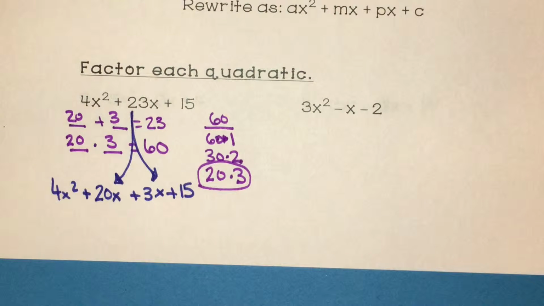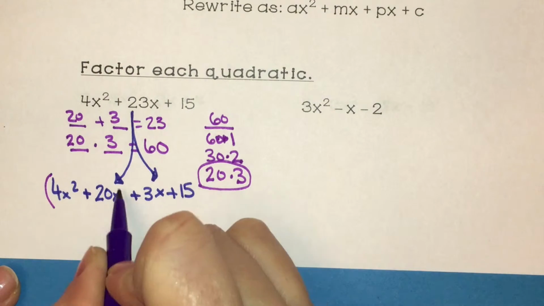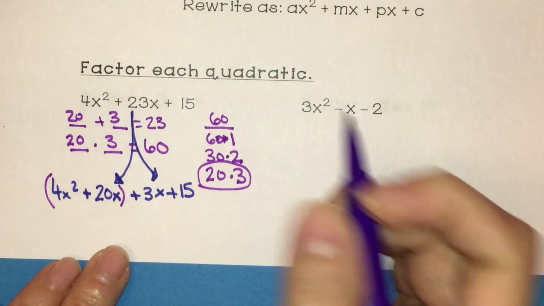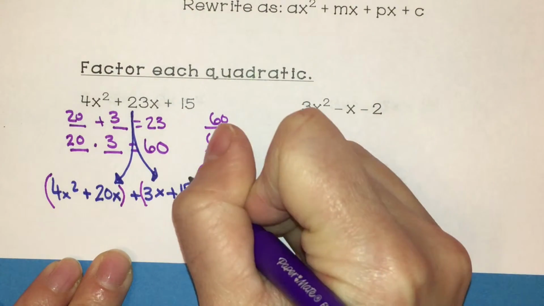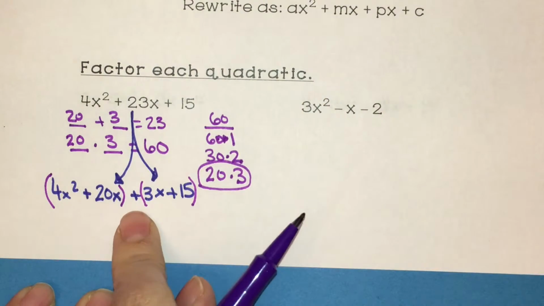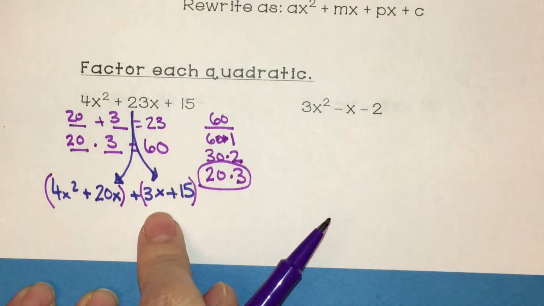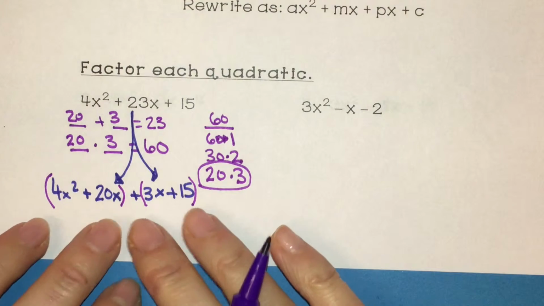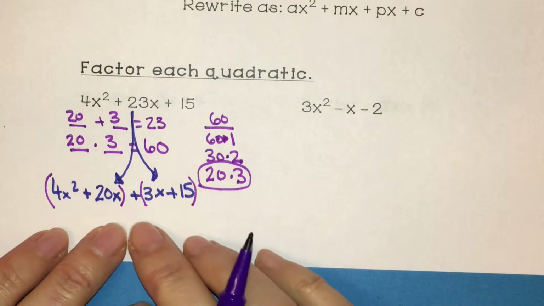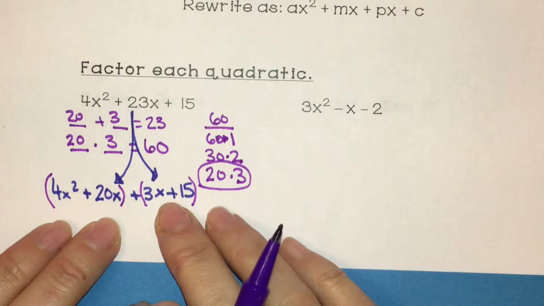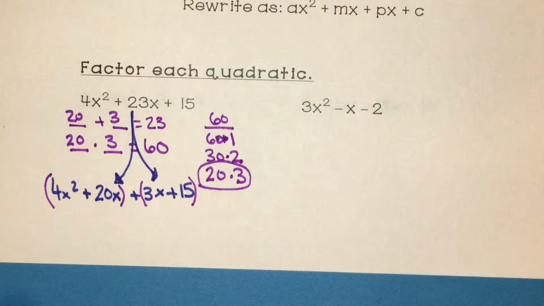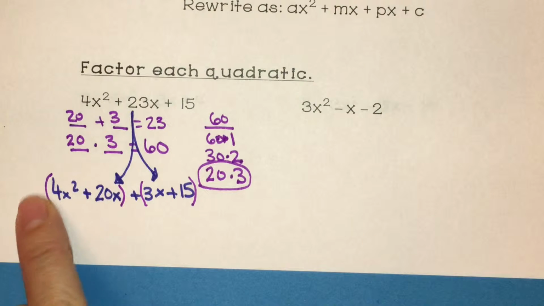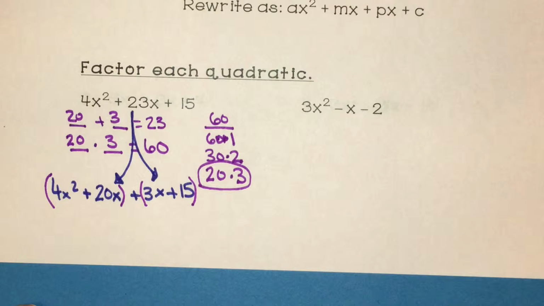The reason we're splitting it into two is so that we can look at the first two terms. I'm going to put them in parentheses, and then the last two terms go in parentheses. You always want addition between the two sets of parentheses. I didn't change the problem at all, because technically these parentheses don't mean much since we still have addition between them. But what we're going to use them for is to factor out their greatest common factor, what they have in common with each other.